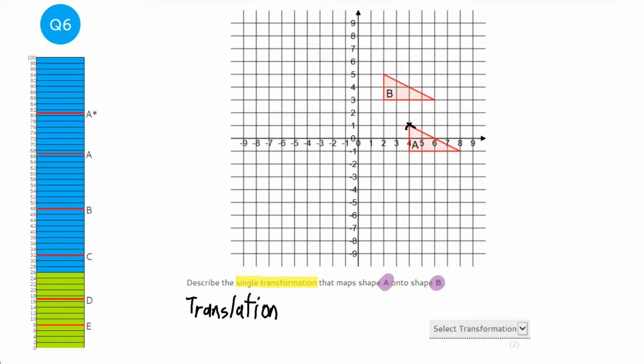And what you need to do is count how many jumps to get to B, and we want to pick the same point on B, the one at the top. Okay, so I'm going to go left to right first, so I have to go 1, 2 left, and then 1, 2, 3, 4 jumps up.